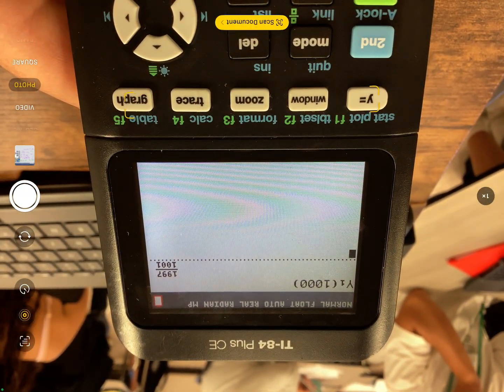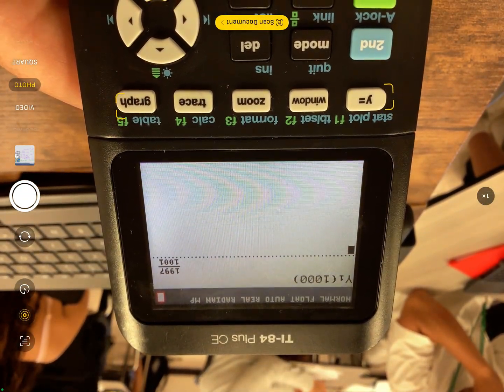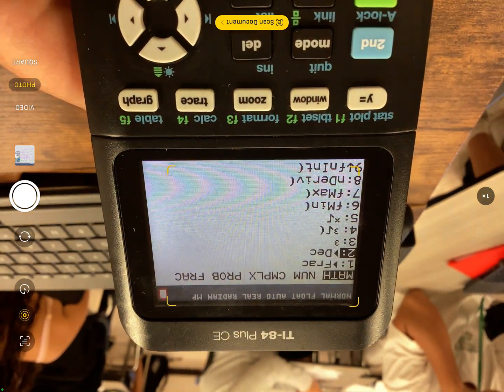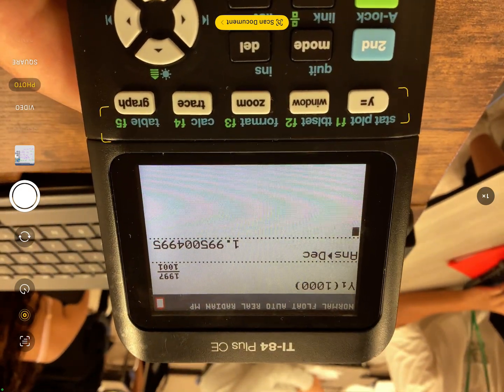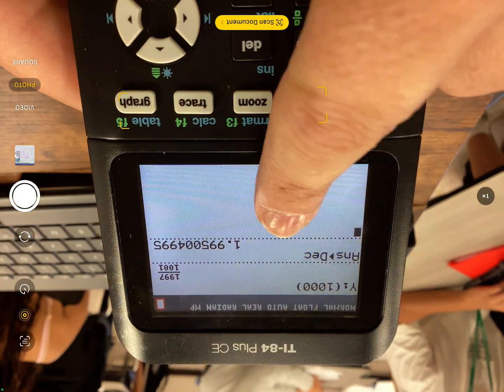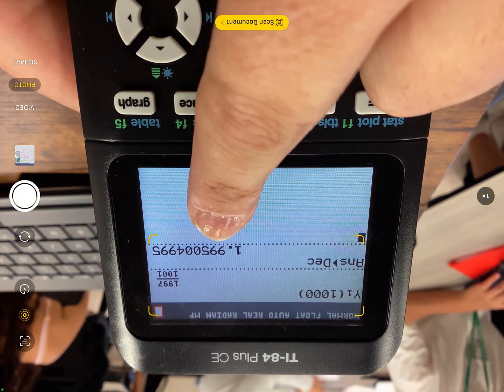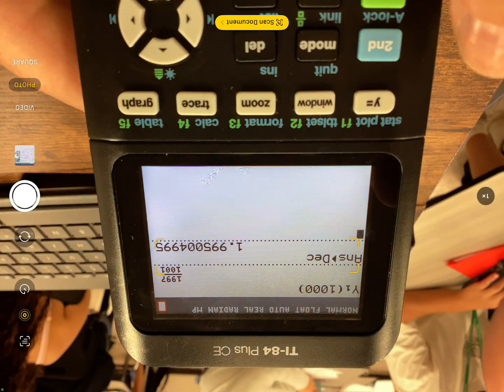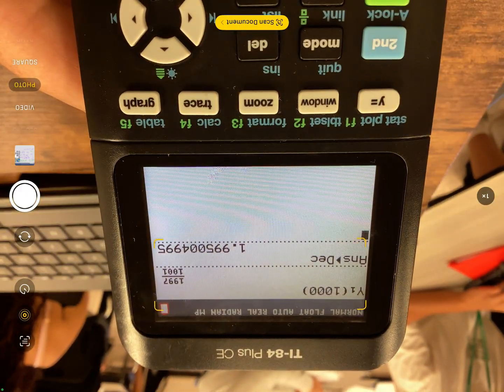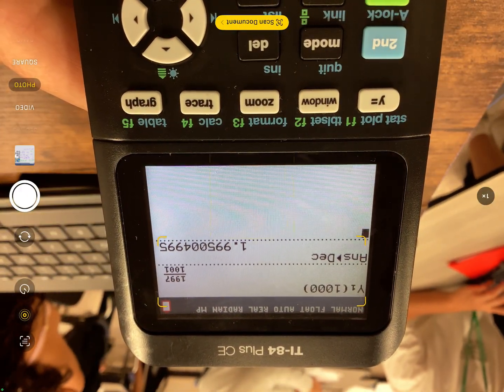And then it gives me a fraction, which isn't super helpful. I can press math, go down to decimal, and it'll take my answer and make it a decimal. Do you see how close to 2 that is? 1.995. It's really close to being 2. Usually if you input something as a fraction, it's going to output as a fraction.